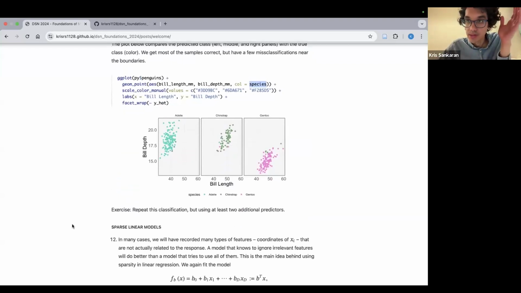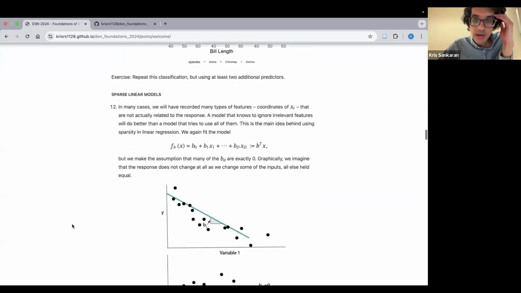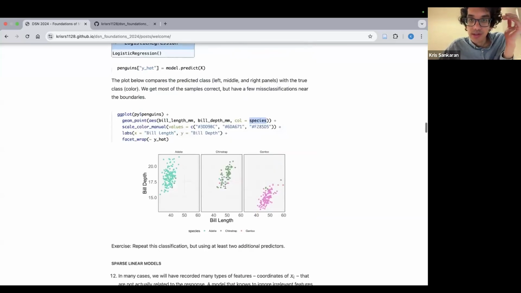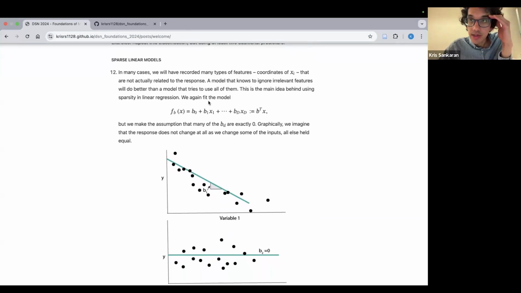So that's just plain linear models. Now, a little bit more advanced. For a lot of problems, you will have many, many features. This is just two features, so you don't need to do anything too fancy. But what if you had 100 features? In that case, you might think that a lot of the data you gathered might be irrelevant to the problem.